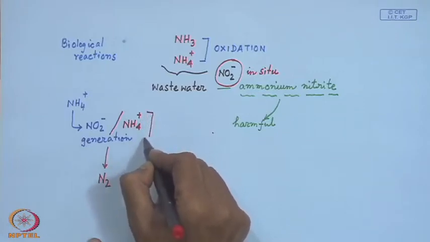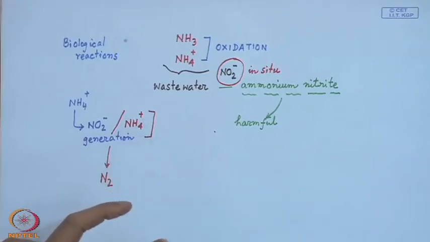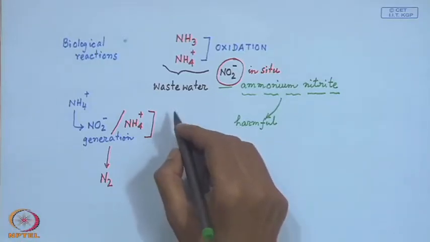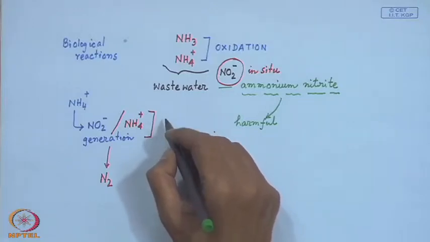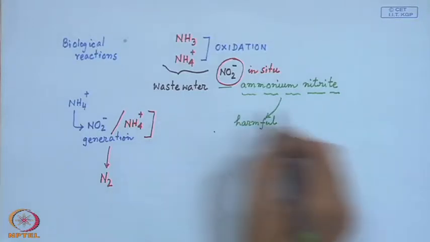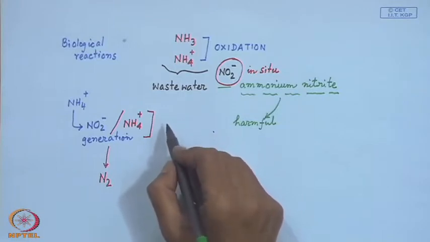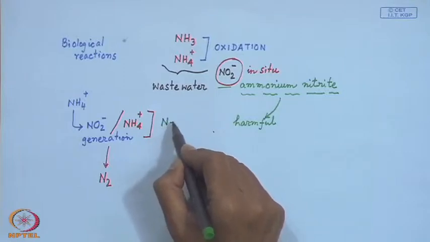So, if the wastewater, the sewage water or the drainage water from the municipality, where we have all the nitrogen bearing materials, because they are coming from all the nitrogen bearing molecules like the fertilizer, the proteins, the amino acids, all nitrogen bearing compounds.